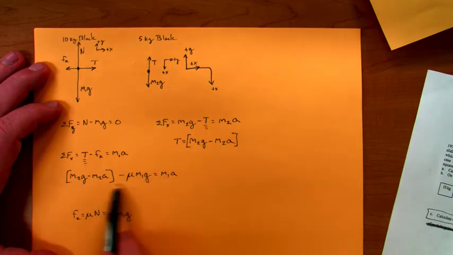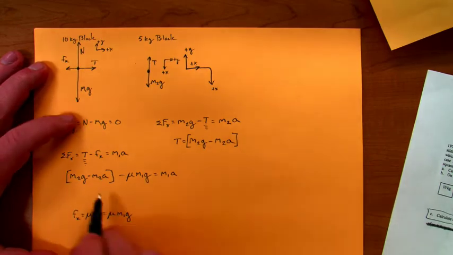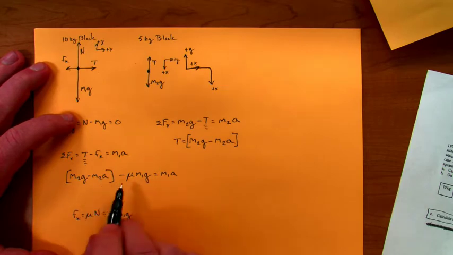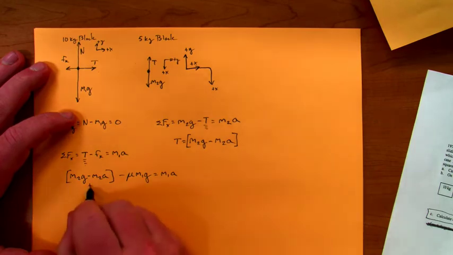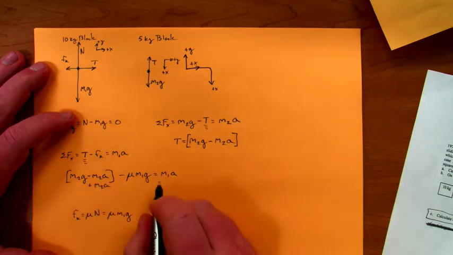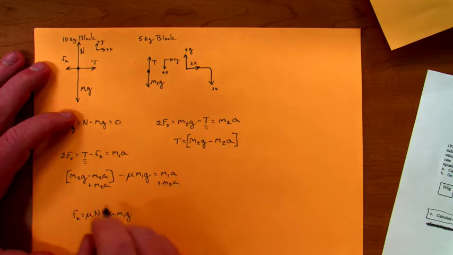So now I know everything in this equation except for A, and it just becomes kind of an algebra mess now. Plug in, fill in, solving for A. So if I go ahead and do that, I can add M2A to both sides. And I get 2G.